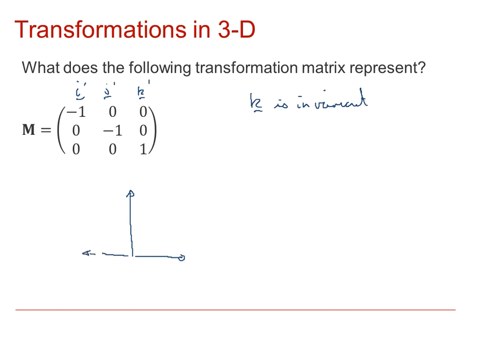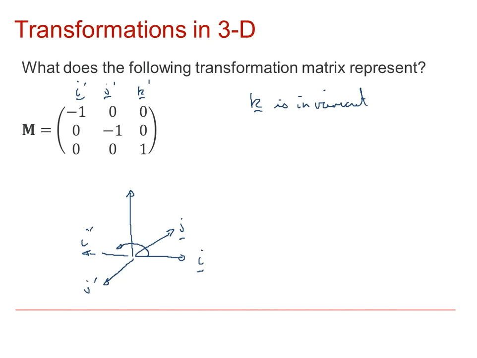This is i dashed, and j dashed is going back in this direction, the negative y-axis, so this is j dashed. So i has turned through 180 degrees and j has turned through 180 degrees. So in other words, we've rotated the whole of the xy plane by 180 degrees.